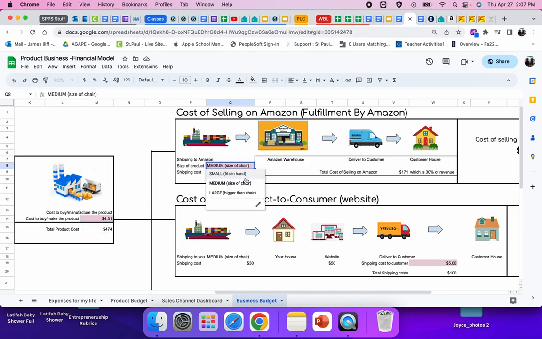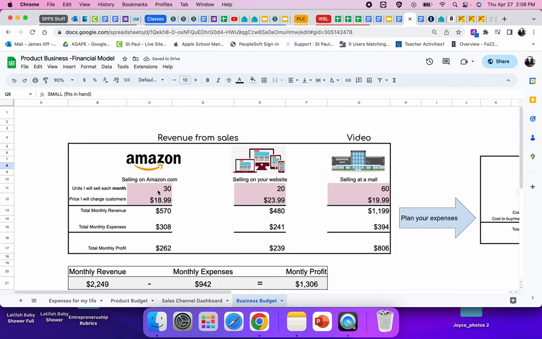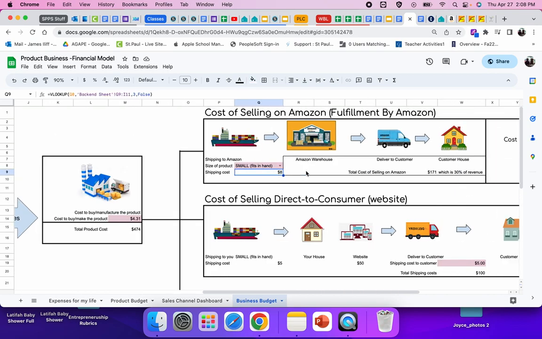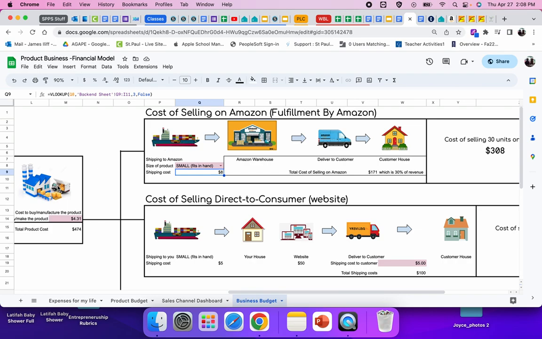So here what we're going to do is decide how big our product is. Mine is just a little blanket, so I'm going to say it's kind of small. It kind of fits in the hand. And if I'm selling 30, it's not going to cost me much to ship from the manufacturer in China. So $8. Okay.